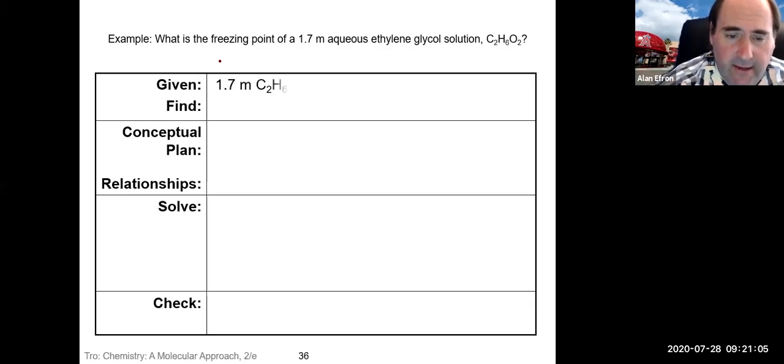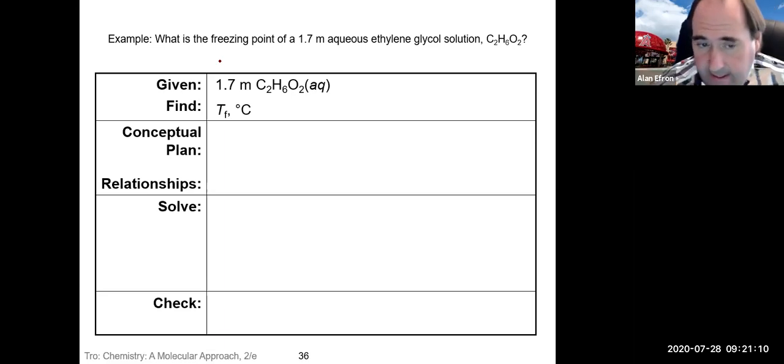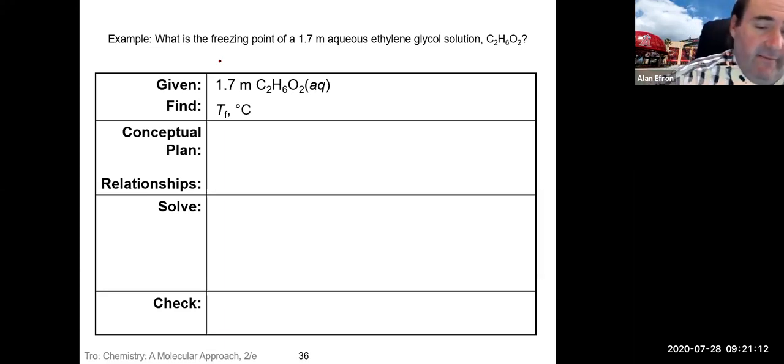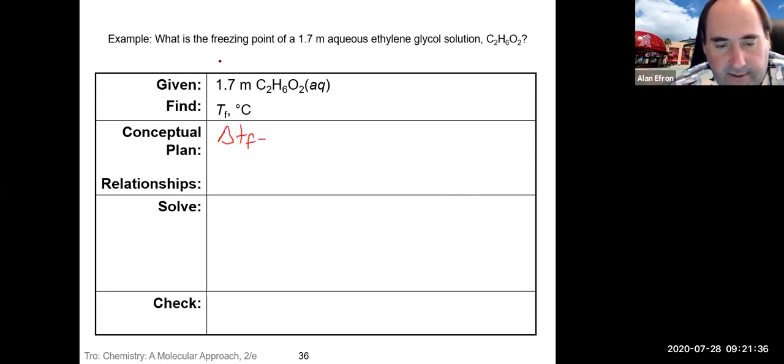So let's see how a problem like this can work. Here we want to calculate the freezing point of a 1.7 molality aqueous solution of ethylene glycol, which is antifreeze. We can use our freezing point equation to do so. It is the change in the freezing point temperature equals Kf times m.